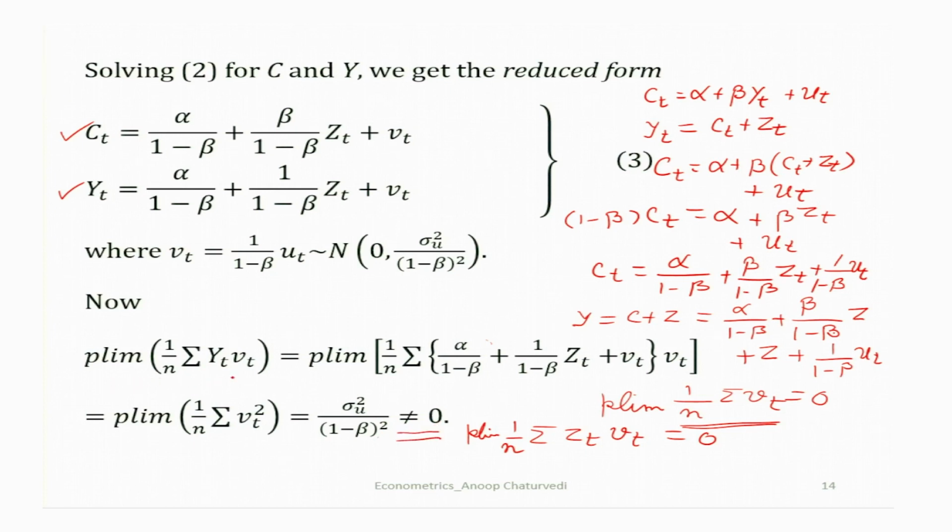So, in probability limit y t is correlated with v t. Now, this is the problem. In fact, y t is also correlated with u t, because v t is simply equal to 1 upon 1 minus beta u t. So, you can easily verify that y t is correlated with u t also.